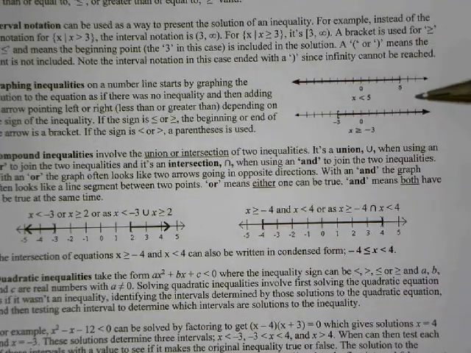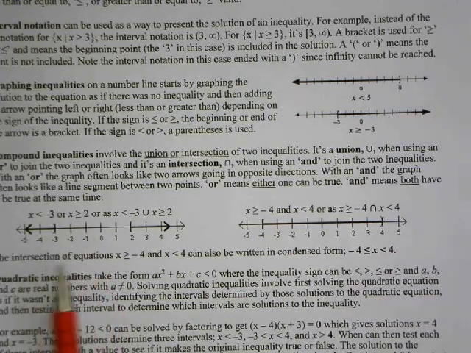A compound inequality is one in which you have two different inequalities going on. For example, you could have x is less than or equal to negative 3, or x is greater than or equal to 2.